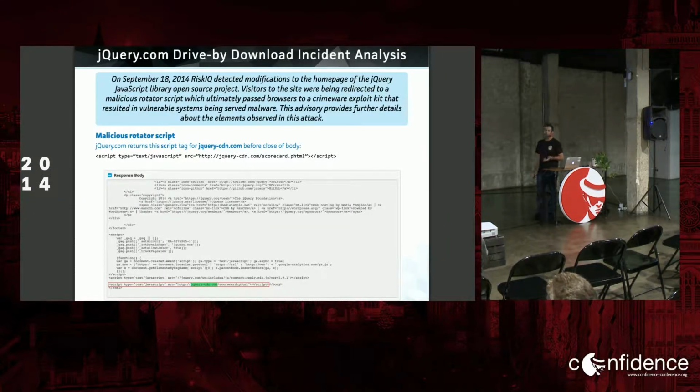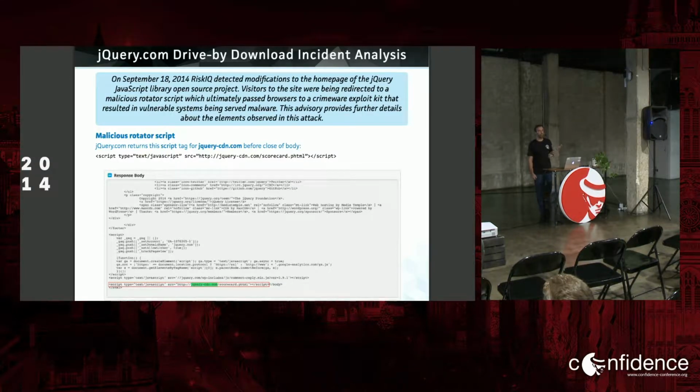So in late 2014, the jQuery CDN was breached, and for a short amount of hours, every website that was loading jQuery directly from their CDN was basically serving the RIG exploit kit to every end user going to those websites. As I said, it only lasted a few hours, but can you imagine how many users were being hit by the RIG exploit kit?